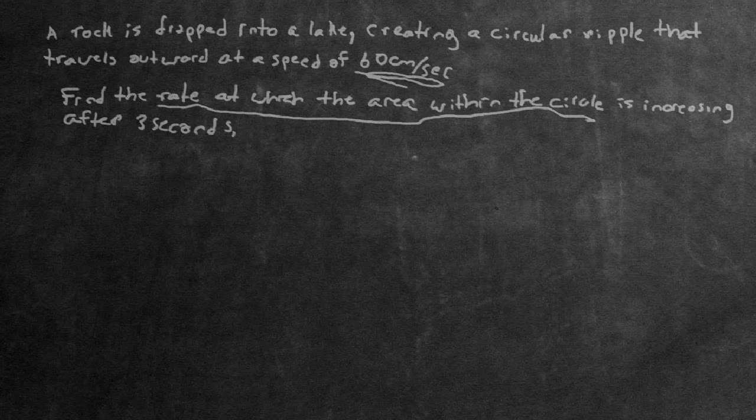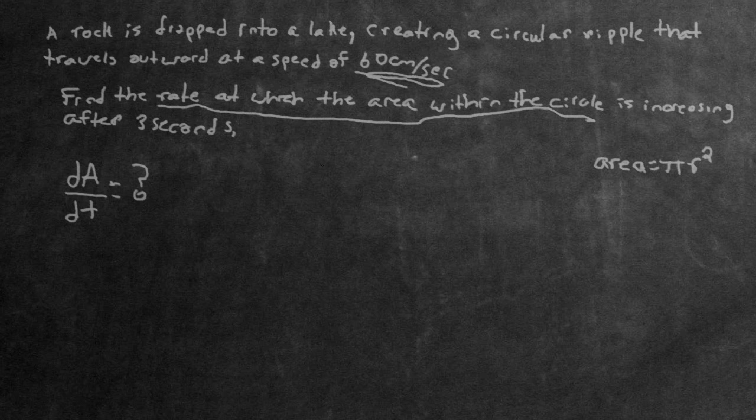And the area of a circle, if you remember, is equal to pi r squared. And what we're looking for in this problem is specifically the derivative of the area change in terms of time. And this is what we're looking for. But we're actually given this 60 centimeters a second for the speed of the circular ripple.